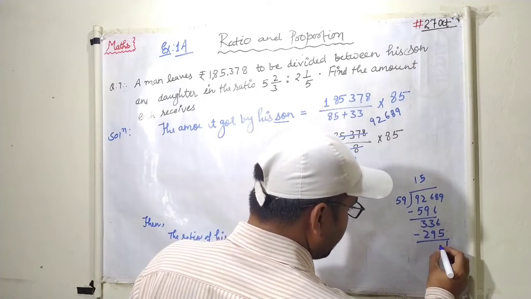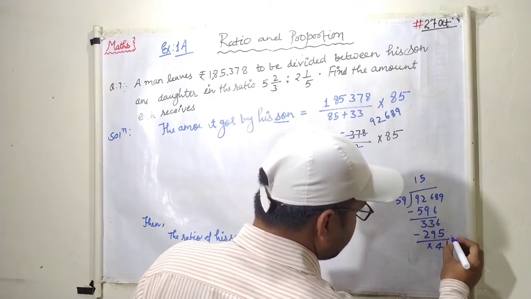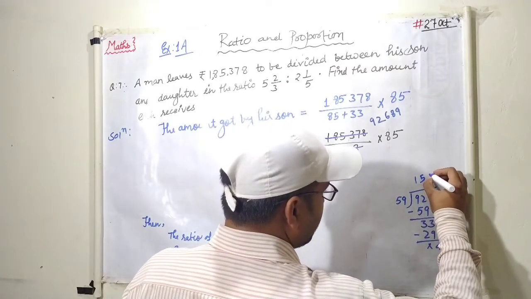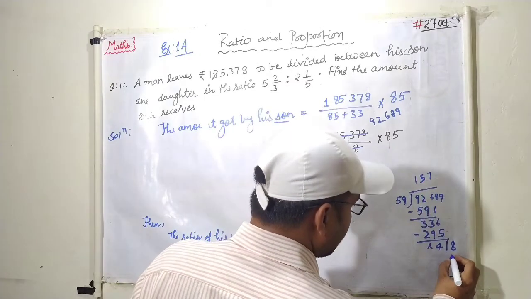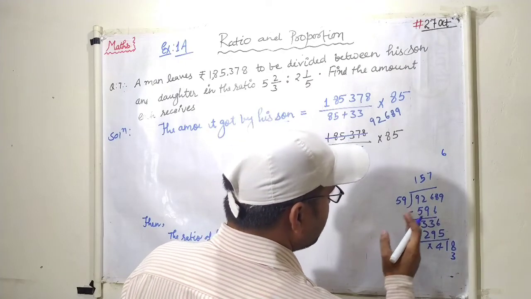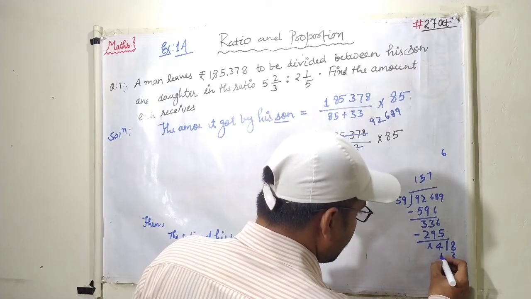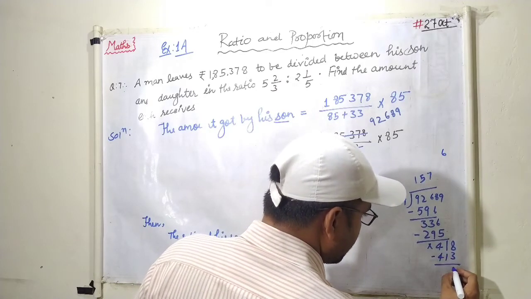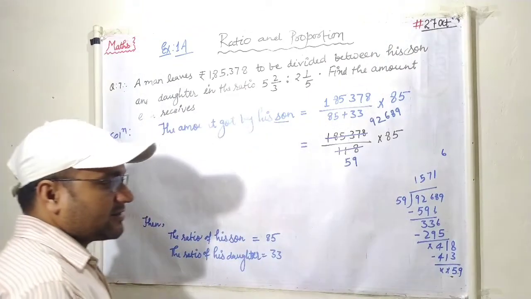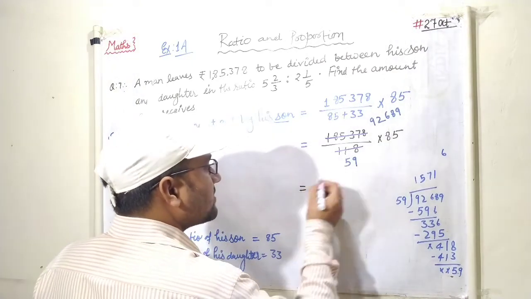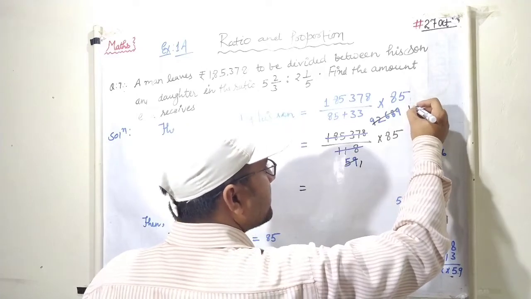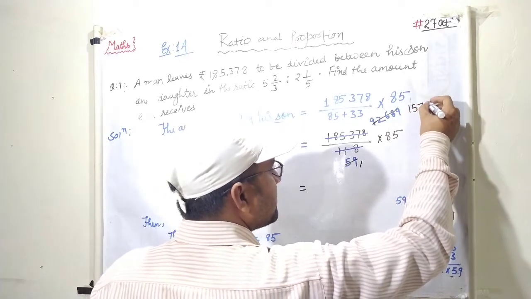Then 13 minus 9 is 4, cancel out, take 8 down. Again 7 times 9 is 63, 6 carry, 5 sevens are 35, 35 and 6 is 41. So, students, after division, this is completely divisible by 59, and you will get 1571.